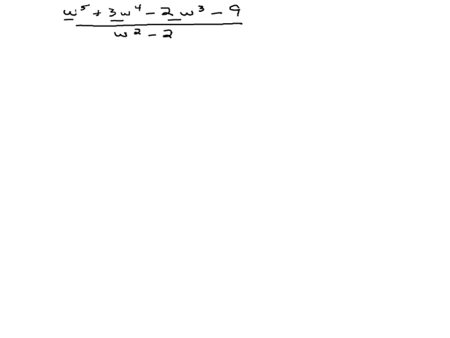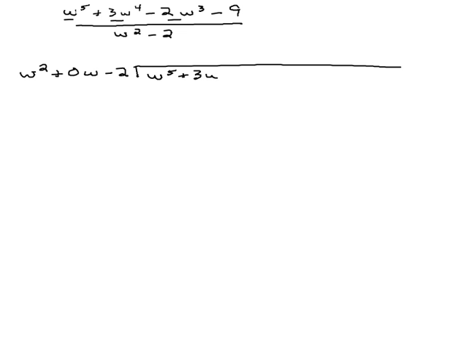That will not happen. So what we'll do is fill in the divisor, w squared, but we'll say we don't have any w's: plus 0w minus 2 goes into, and in the dividend, we'll do the same thing. We start with w to the fifth power plus 3w to the fourth power minus 2w cubed.